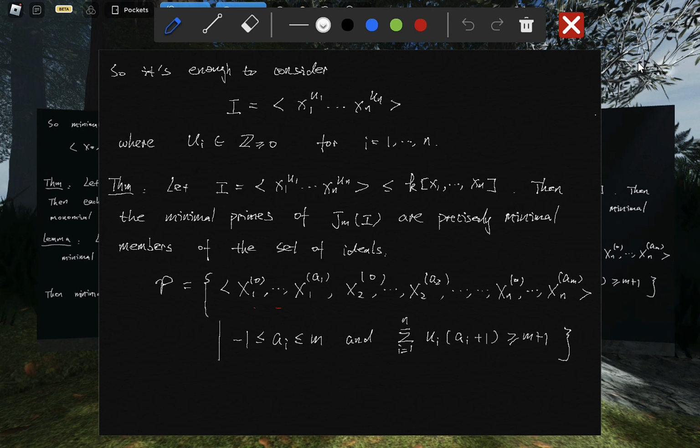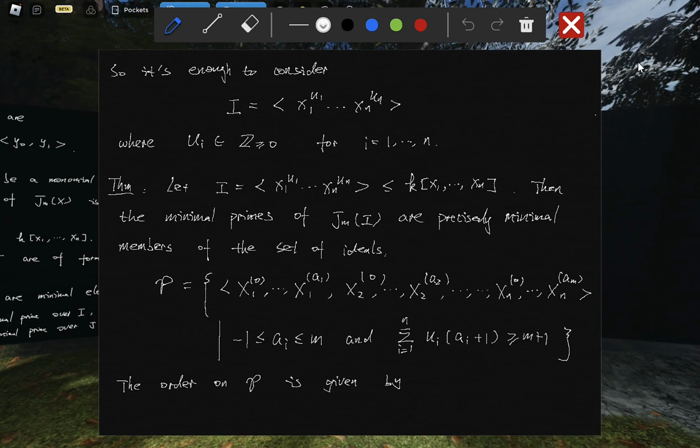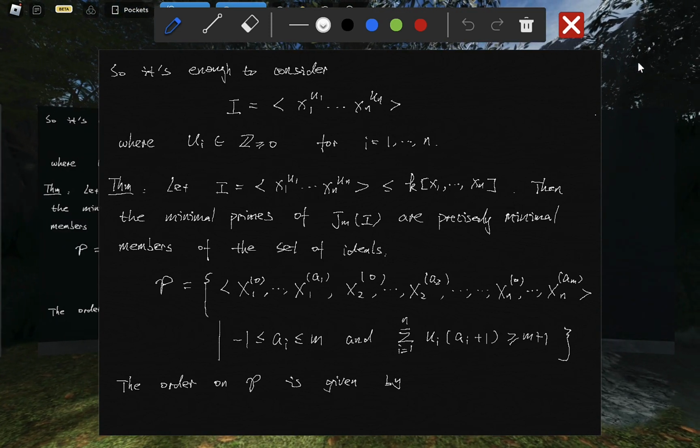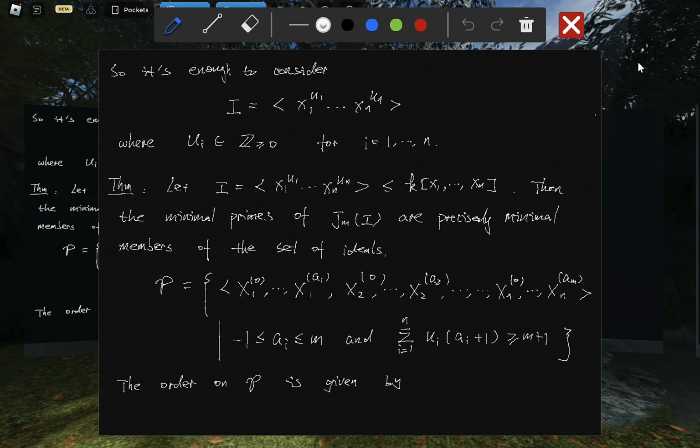Right, and by minimal here, I mean minimal with respect to the following order. So the order on P is given by: take two ideals in this collection, indexed by these ais.